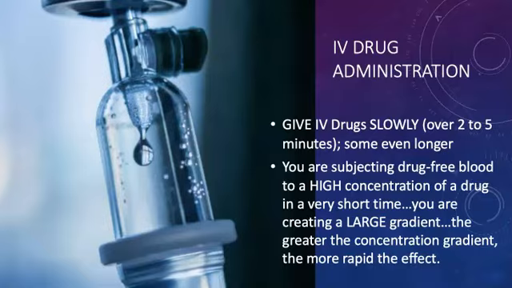If we're giving IV drug administrations, we need to give them slowly, typically over 2 to 5 minutes, sometimes even shorter periods of time. But remember, we're giving a high concentration of the drug in a very short amount of time, and there's going to be a very large gradient because we're administering medication into a site that is drug-free.